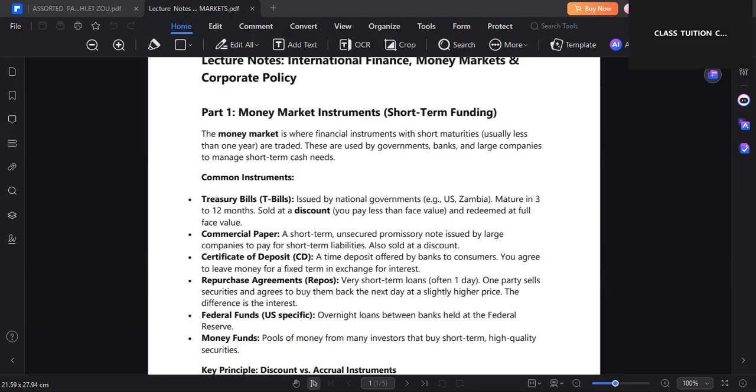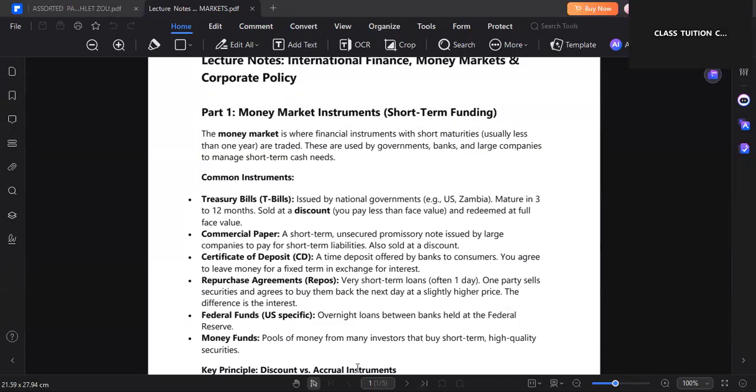So the difference is the interest. Repos are very popular among banks and they trade overnight cash. So you have an immediate need for money. That's what we call a repo agreement.